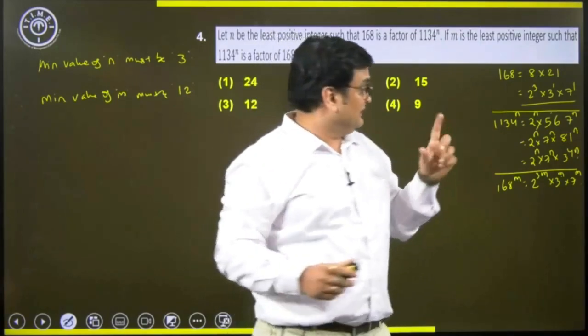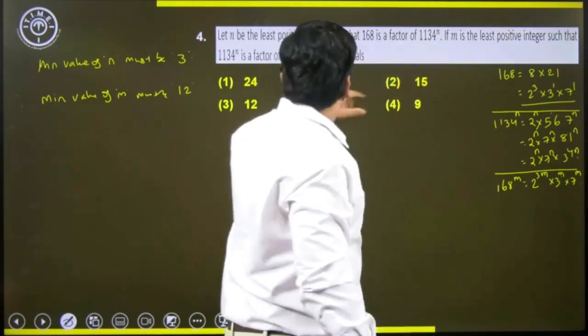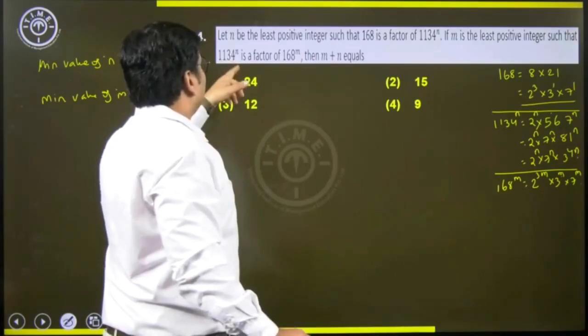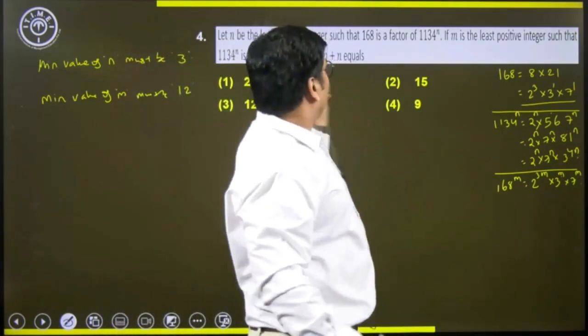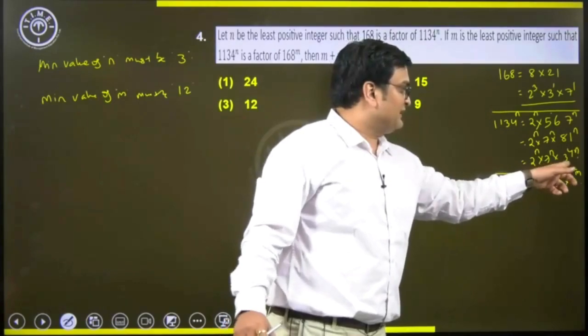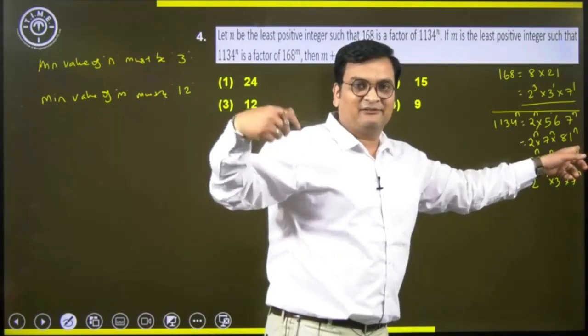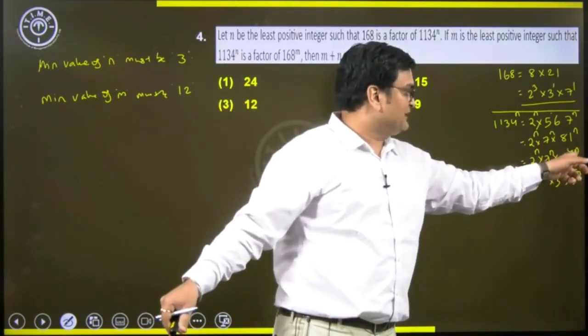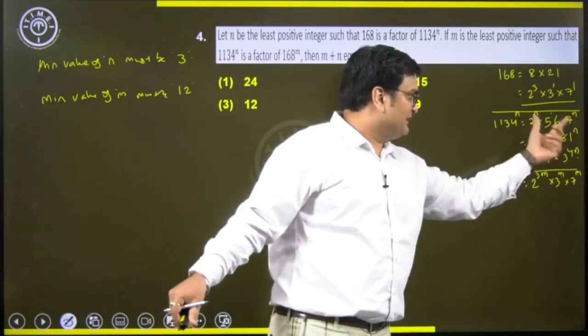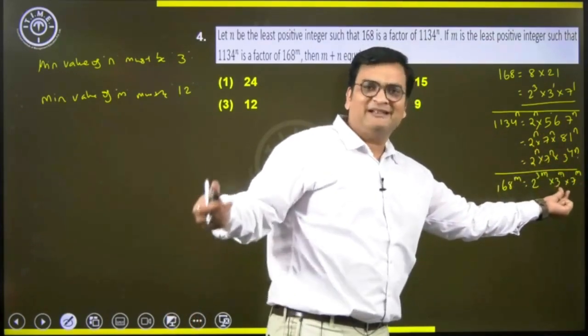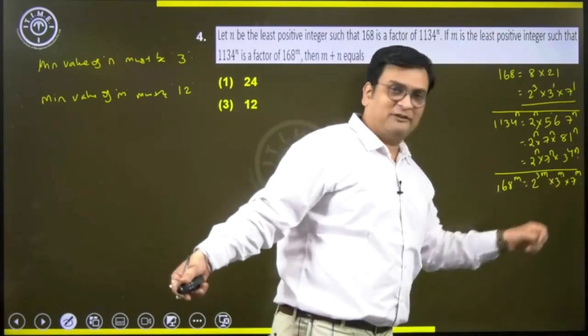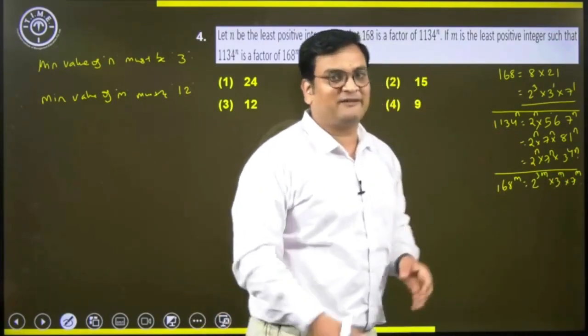I said n is 3. Next, m is the least positive integer such that 1134 power n is a factor of this. So can I say based on this discussion, because here I'll get the power of 3 as 12, because n is taken as 3, the least value of n is 3. So this will be 3 power 12, and for this number to be a multiple of that, the power of 3 here should be at least 12. So the value of m, the power of 3 m, must be at least 12.